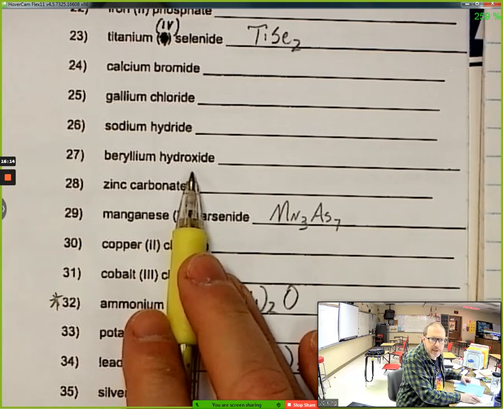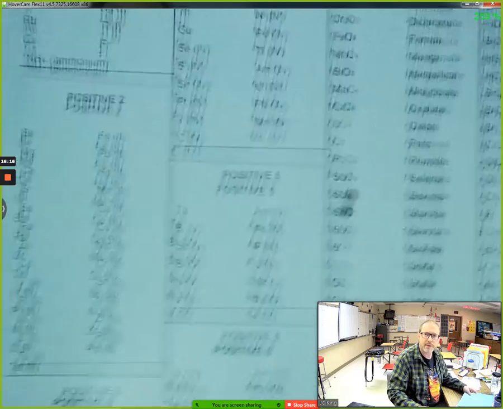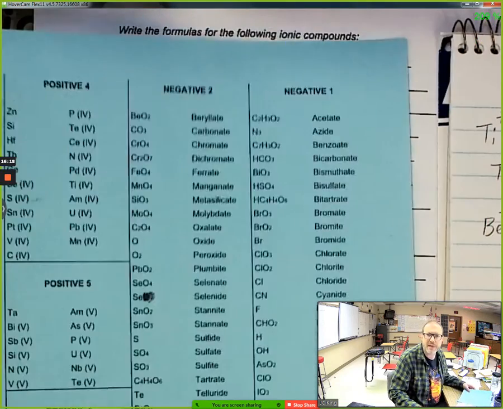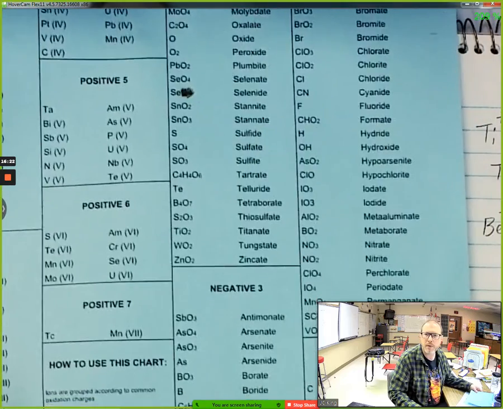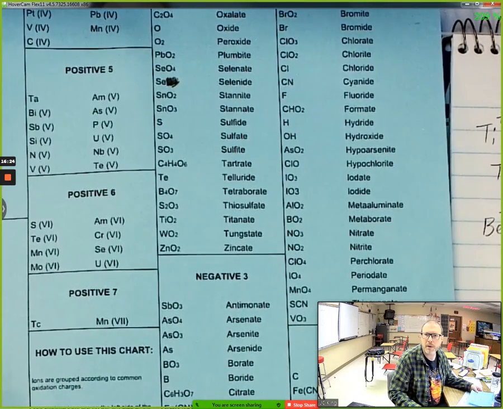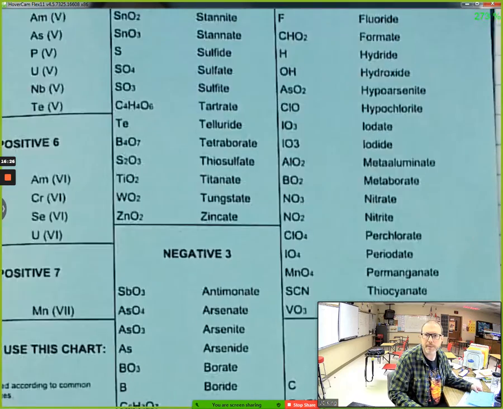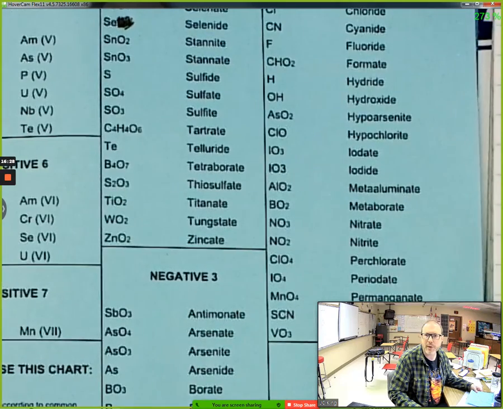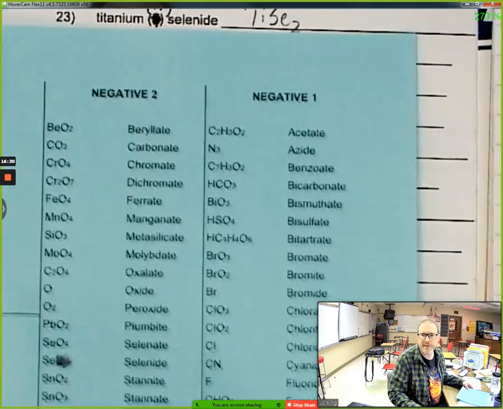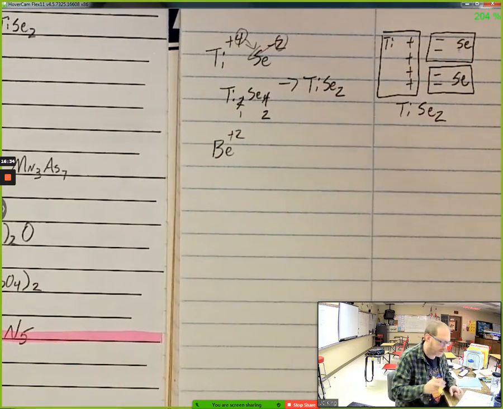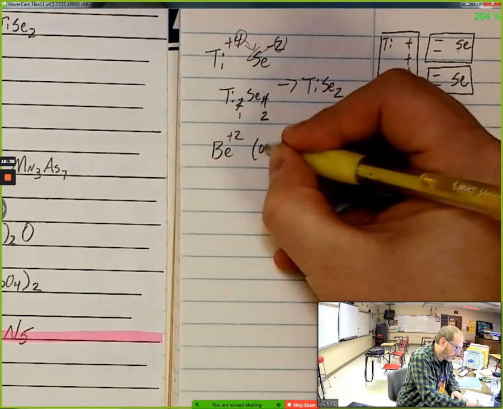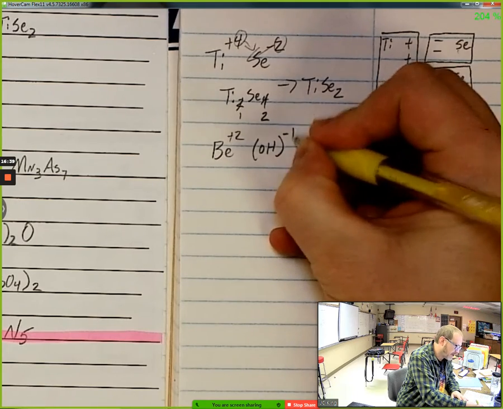Hydroxide is one of those that I have to go look for on the negative side here. It's under the H's. There it is right there. Okay. Hydroxide is OH, and it's in the -1 column. So OH has got a charge of -1.